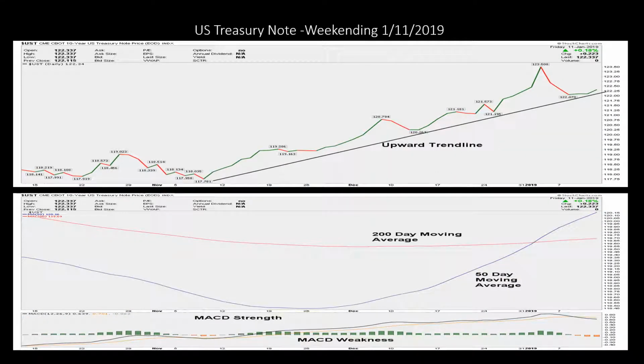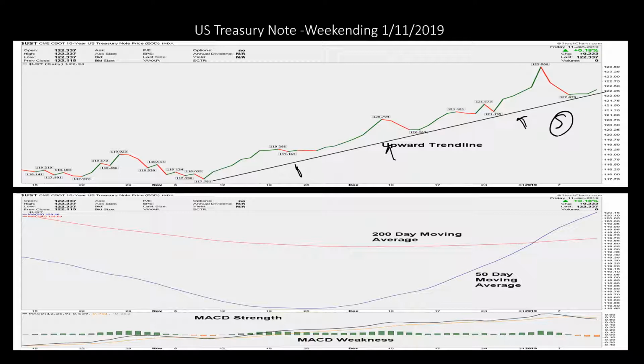We follow that chart with the chart of the US 10-year Treasury note. I will use the same indicators in these two charts. The top chart shows the nice uptrend line the US Treasury note has been in. This line has become the line of support.